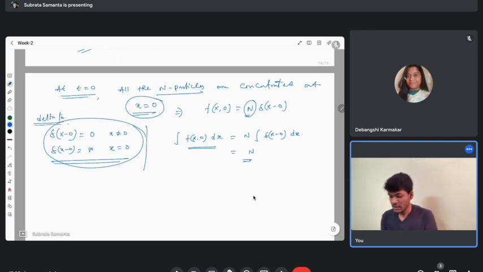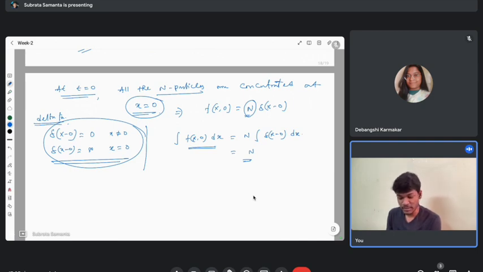Suppose N particles are concentrated at x equals 0, and when x is not equal to 0 it gives 0. How to write this type of statement as a mathematical expression? The delta function can help.